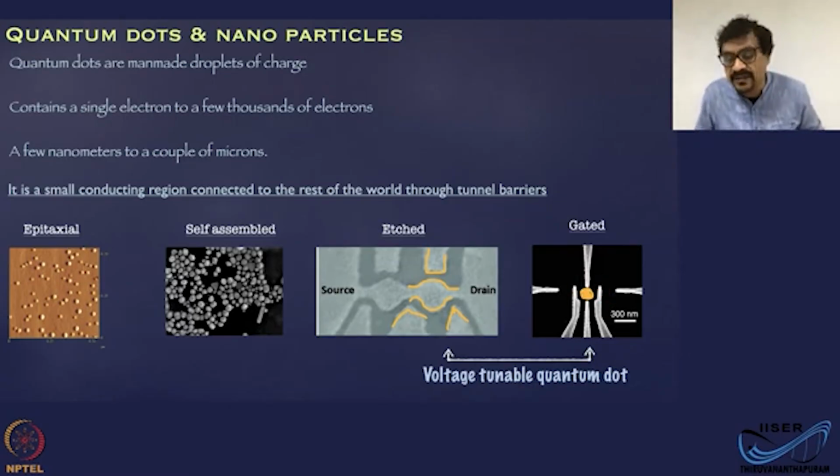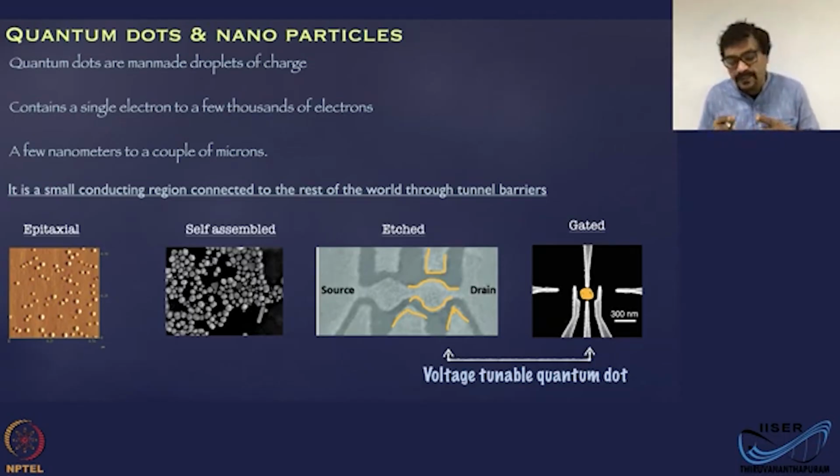So in general, these two techniques are used for realizing tunable quantum dots, whereas these other two techniques are not useful where you want to tune electrical properties such as the size and shape of the dot.